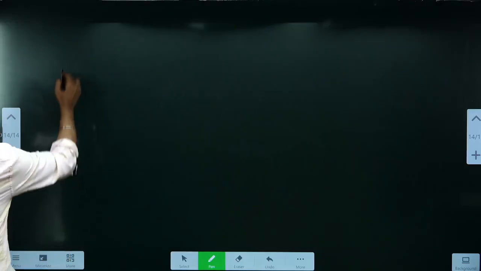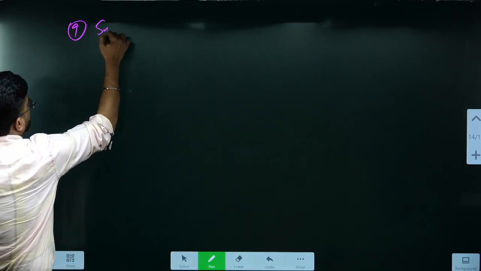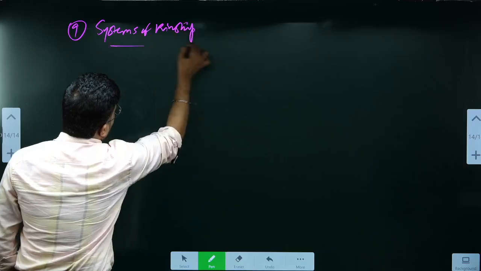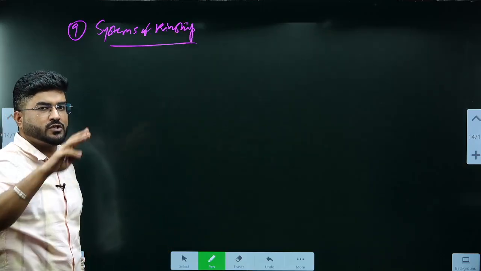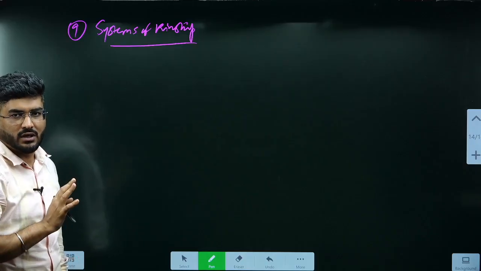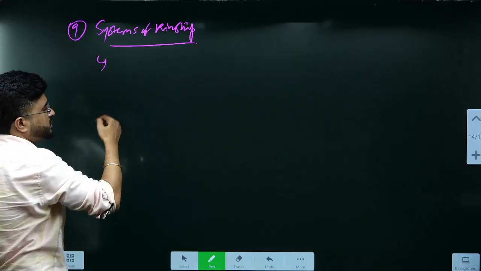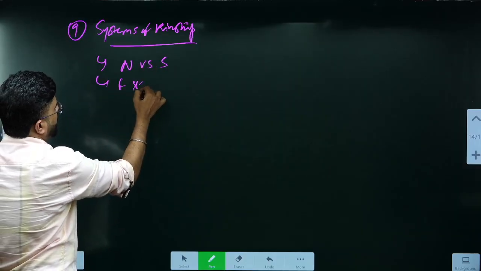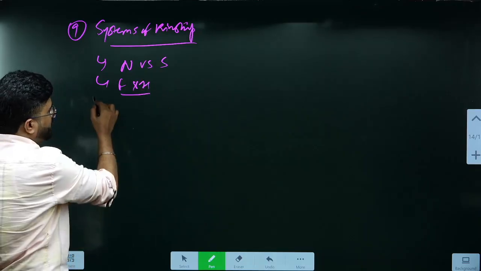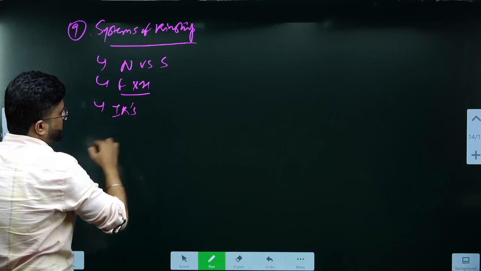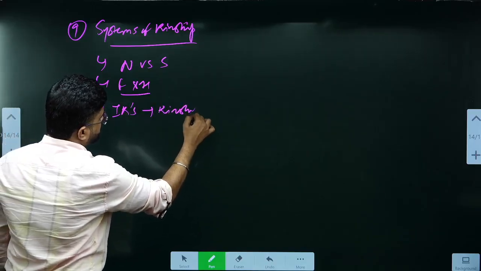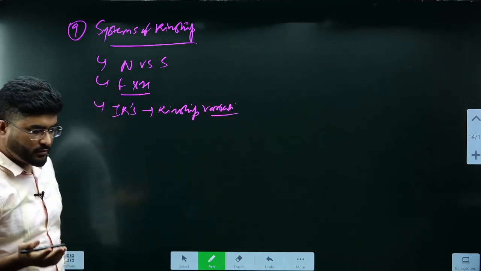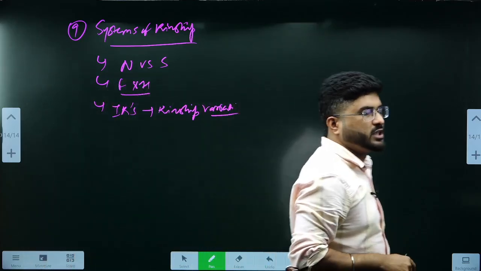Then comes your chapter 9, which is about systems of kinship. Here the UPSC asks questions from paper 2 itself in paper 1. In paper 1 itself, you will be finding questions related to North versus South Indian kinship, family and household in the Indian dimension, Irawati Karve's kinship variation, family and marriage and kinship, their contemporary changes in Indian society.